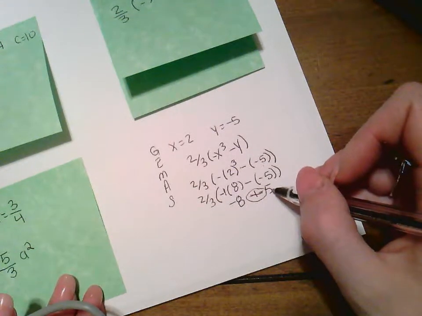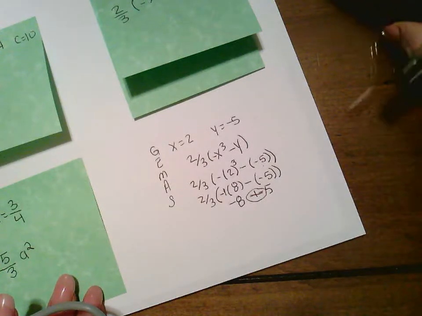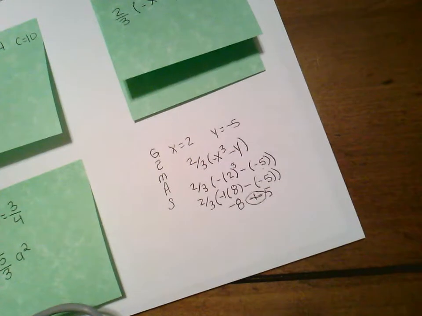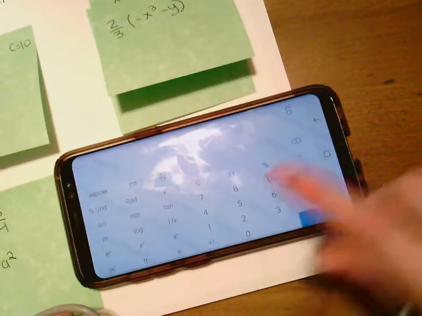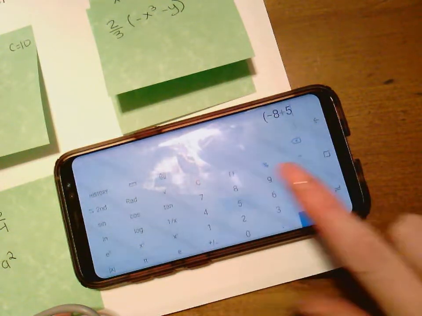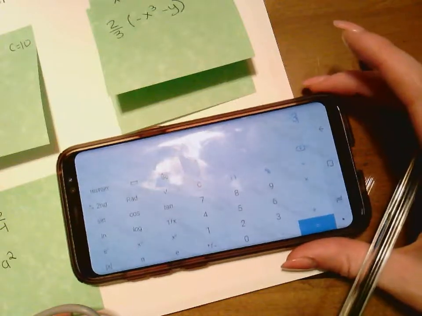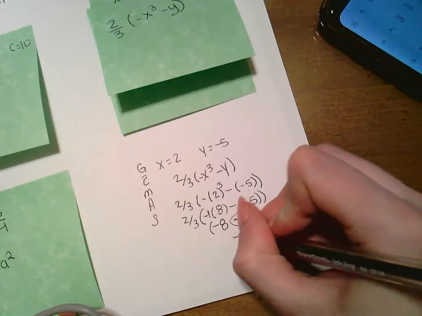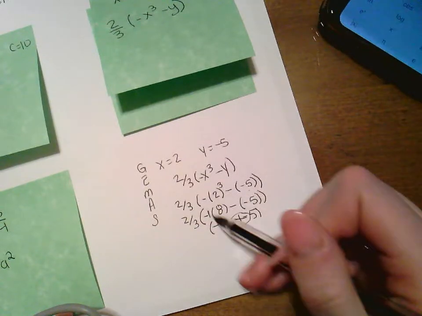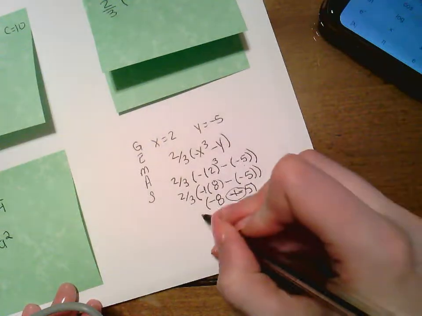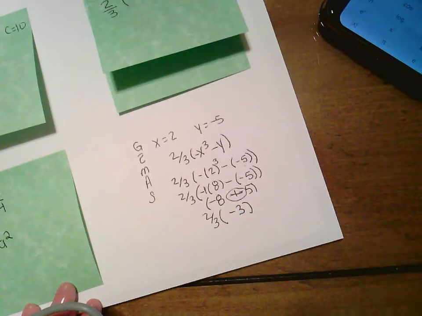We can check in our calculators: negative 8 plus 5 is equal to negative 3. So I know this is negative 3. And now I've done everything inside of this parentheses. So now I can do 2 divided by 3 times negative 3.